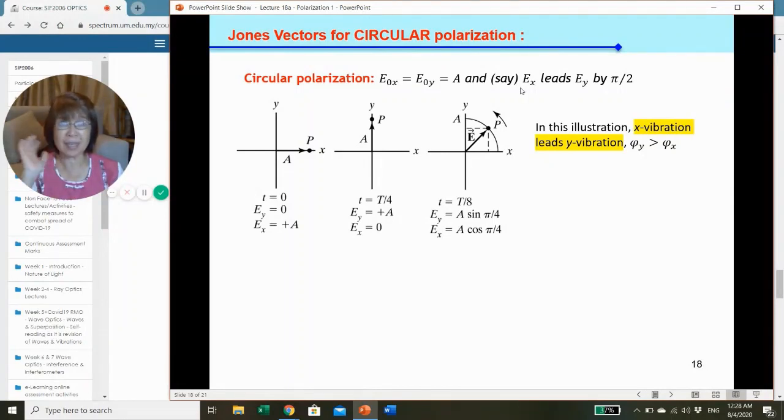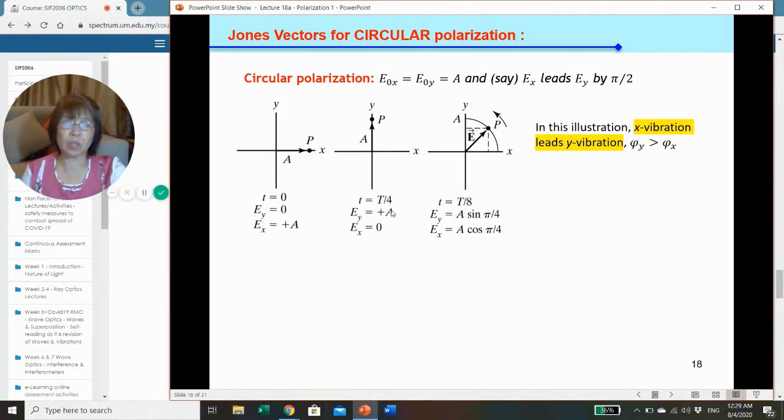Let us take, for example, that the EX component leads EY. In that case, you'll find that this resultant E field would be moving in this direction. Let's take time equals 0, at a horizontal position. So EX is equal to A here, positive A.